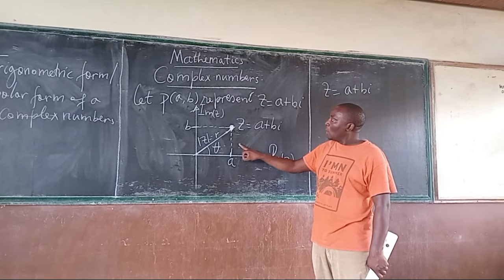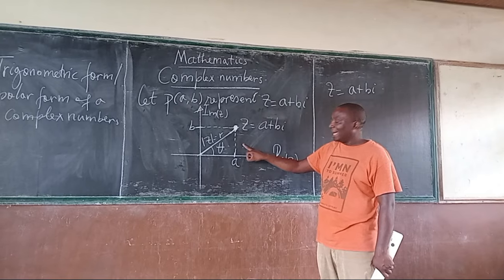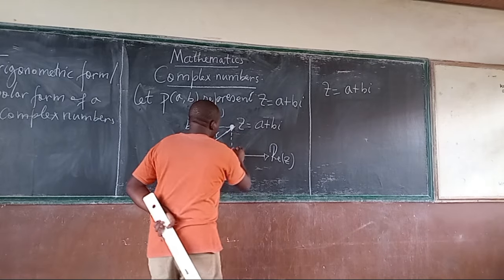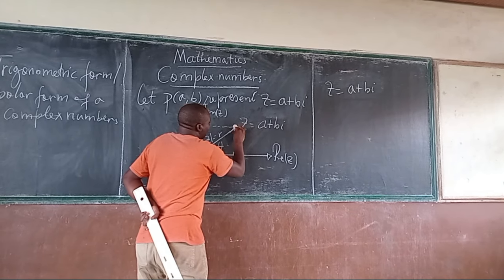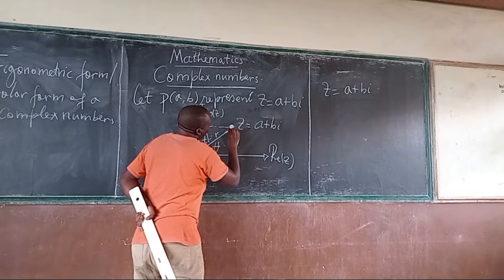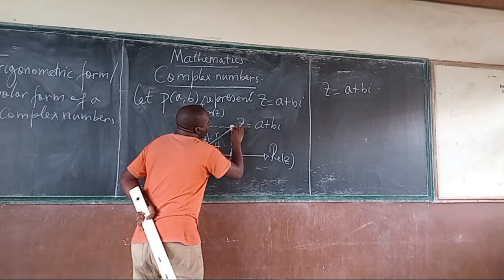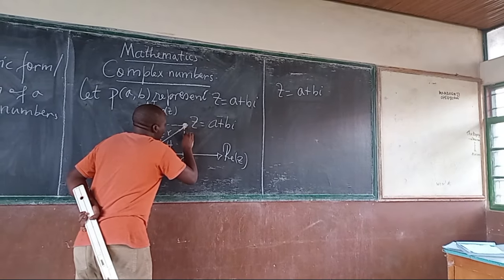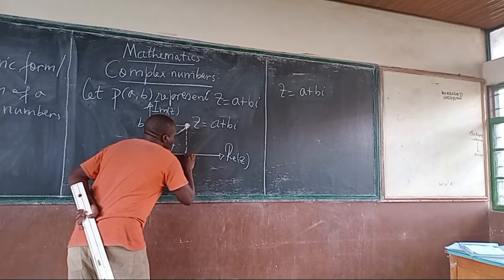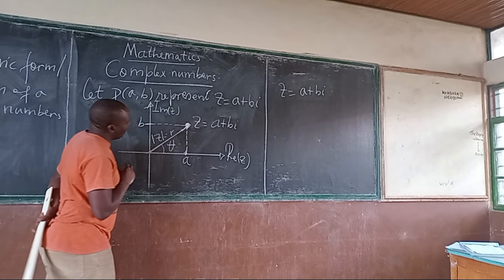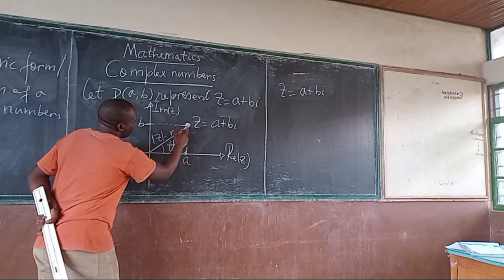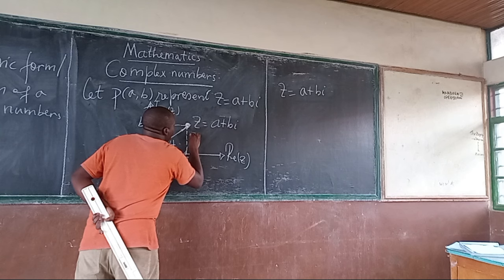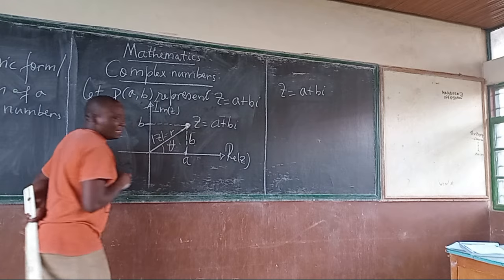Look again here on our Argand diagram. Here, as you see, the small line segment from the point Z, this line segment, as you see, until it reaches this real part A. As you see this line segment here, it is like B. Again, see me clearly.